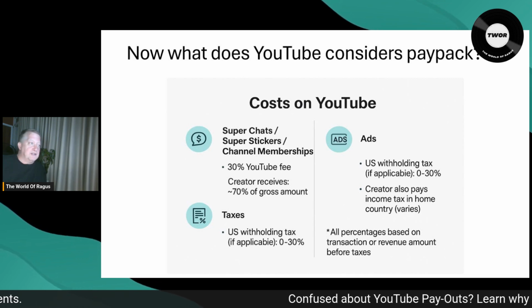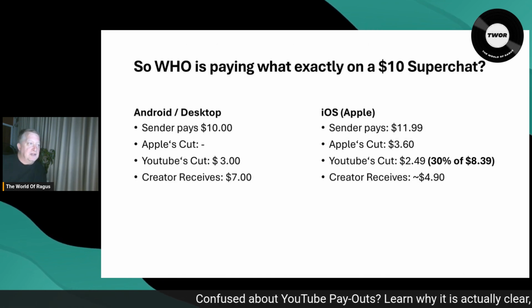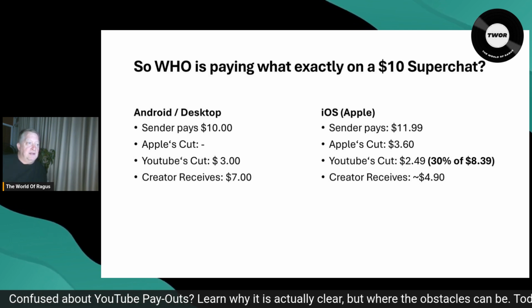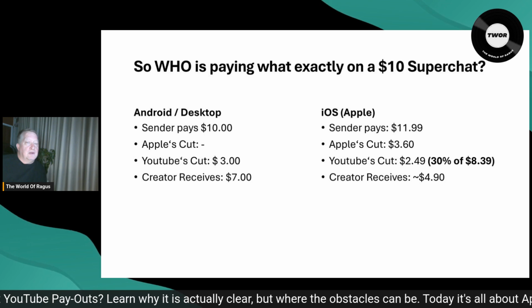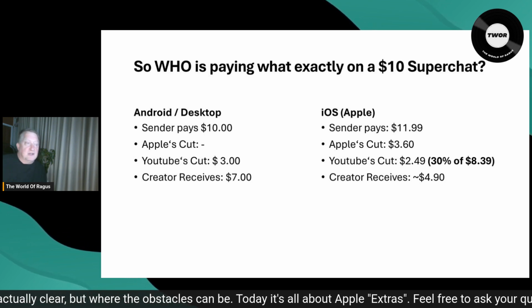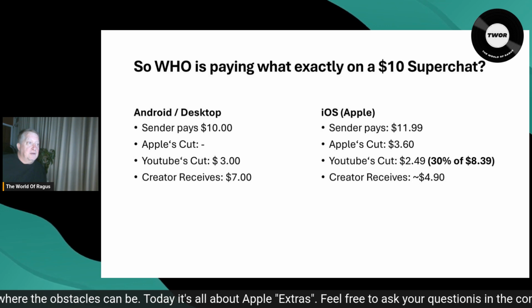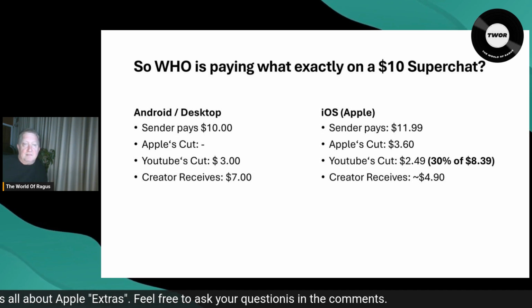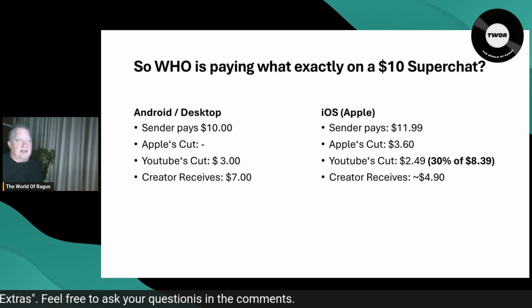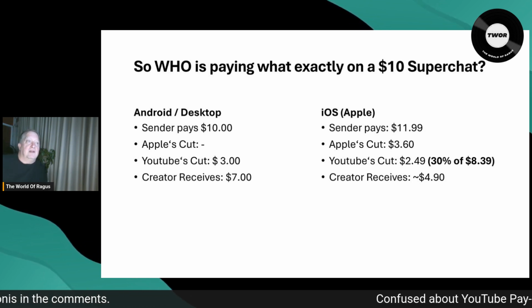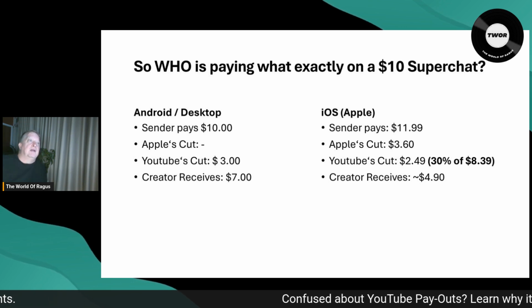Now, coming back to our example, if you get a super chat, here you see the comparison. On Android or desktop, if I send $10 to someone, there's no Apple cut, right? YouTube takes $3 and you receive 7 minus taxes. Obvious thing to do, and it's a very transparent thing. Now, if I send it on Apple, here's the interesting part.